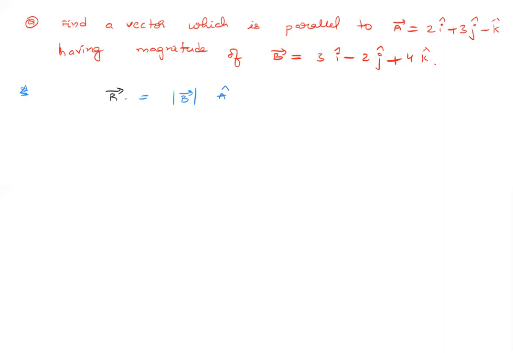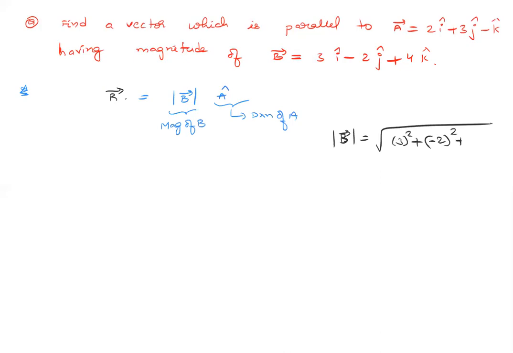Mod b will indicate magnitude of b, a cap will indicate direction of a. So in this case your mod b is under root 3 square plus minus 2 whole square plus 4 square, which is 9 plus 4 plus 16. So 16 plus 4 is 20, 20 plus 9 is 29, so that will give you root 29.